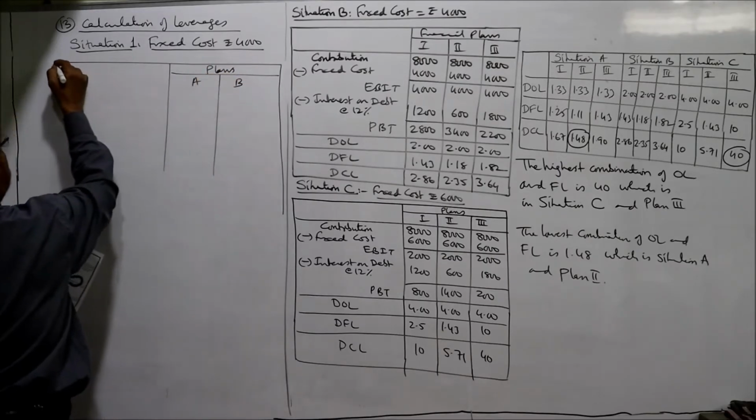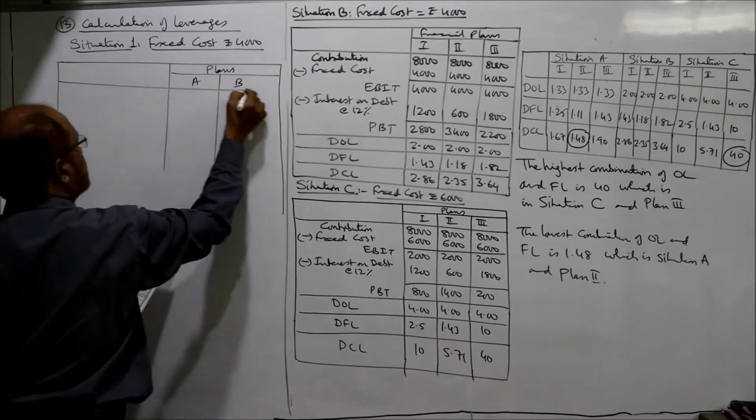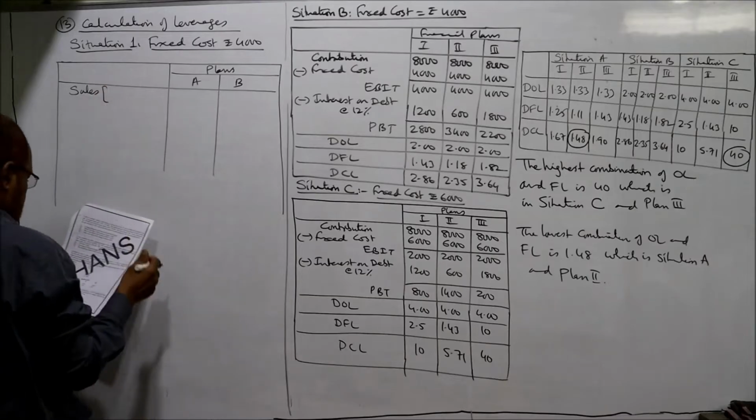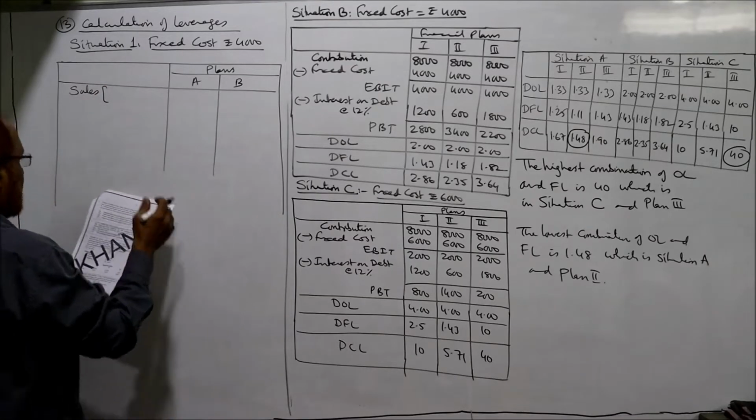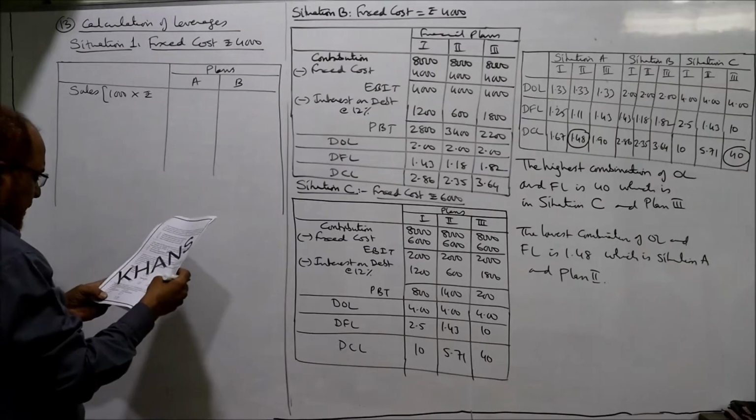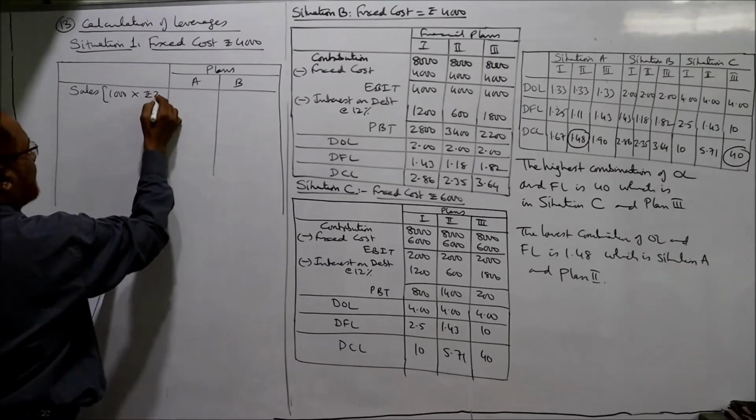Plans A and B. The sales are given as 1000 units into rupees, the selling price per unit is 20.